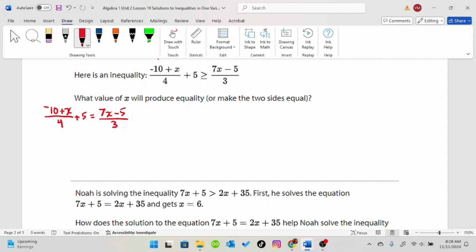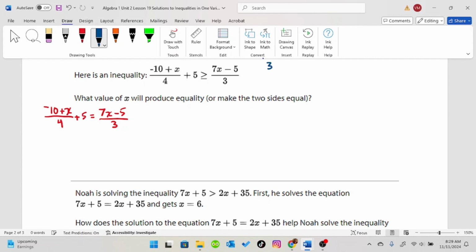We have a denominator of 4 on the left side and a denominator of 3 on the other side. What we need to do is find the least common multiple, a number that both 4 and 3 will go into. So what you can do is begin listing numbers.